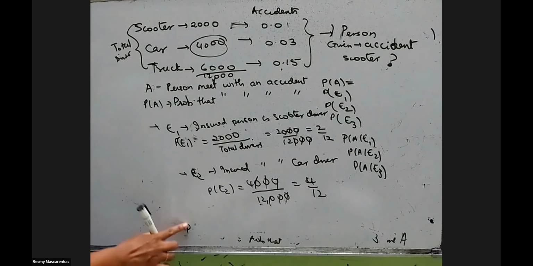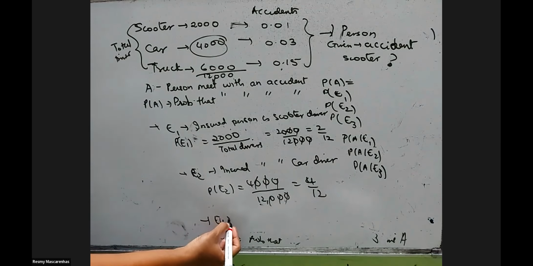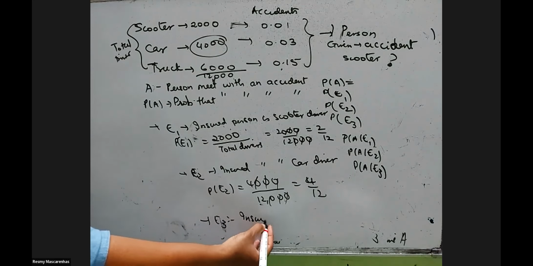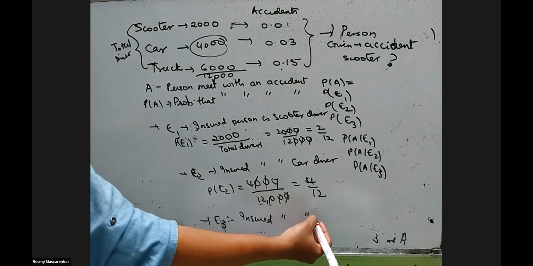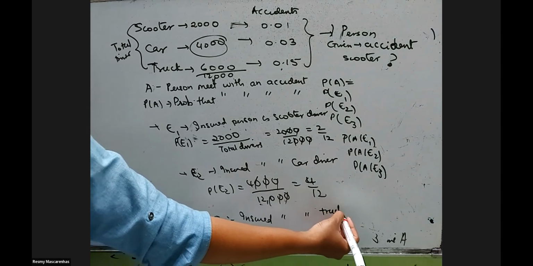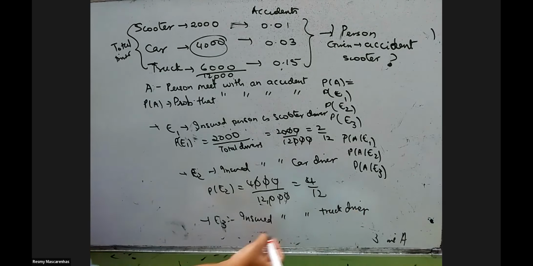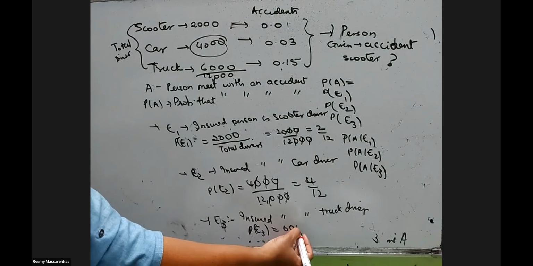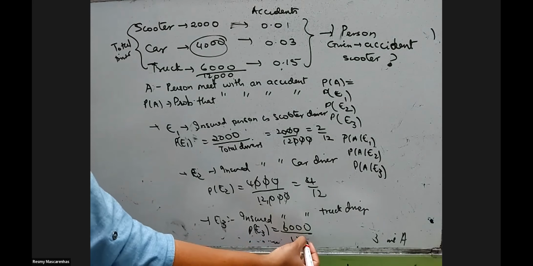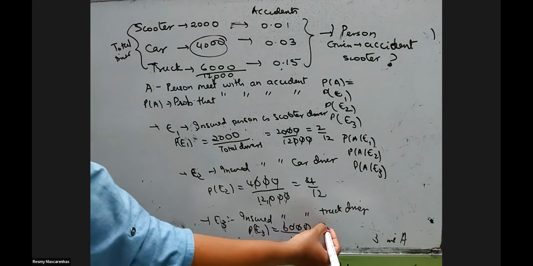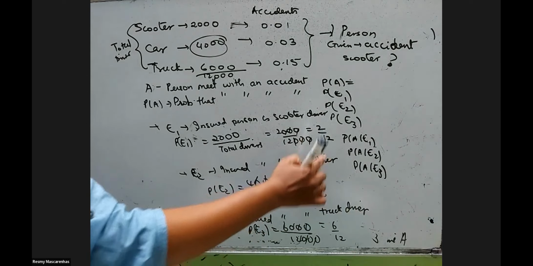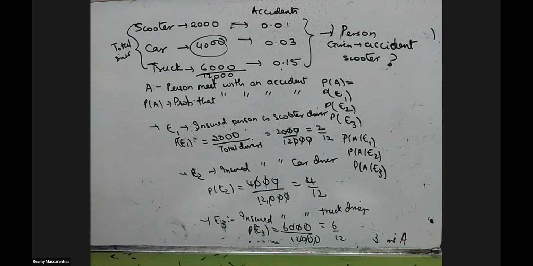Next is E3. We always try to keep the denominator same because it becomes easier later for calculation. So E1, E2, E3 is done.